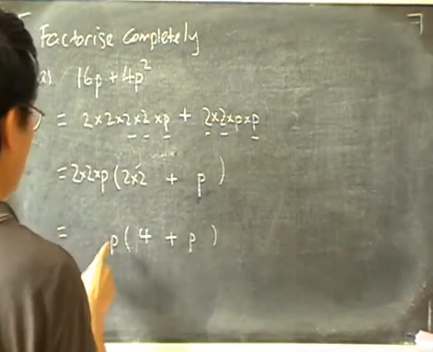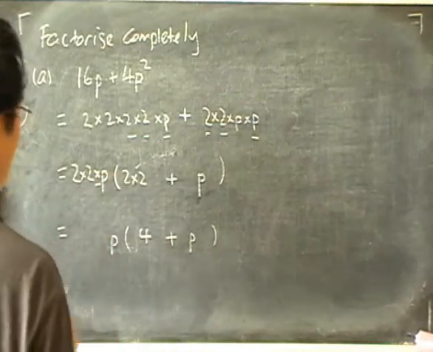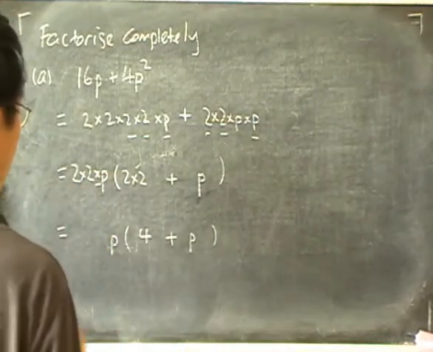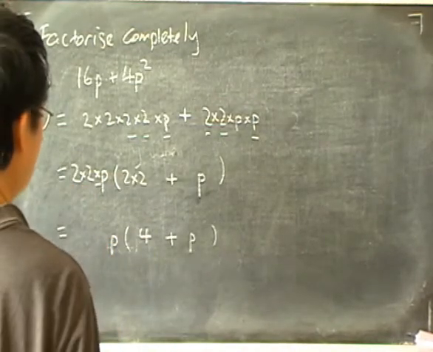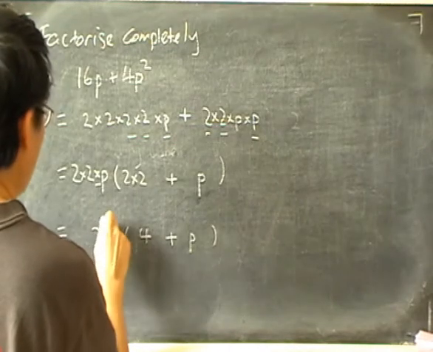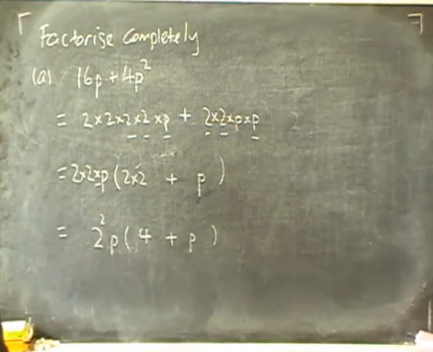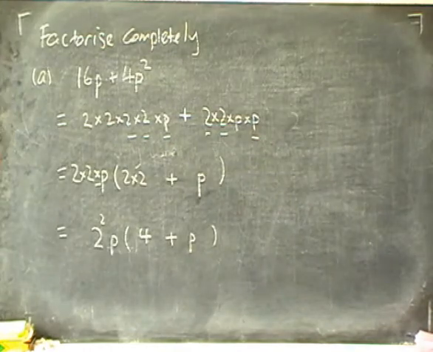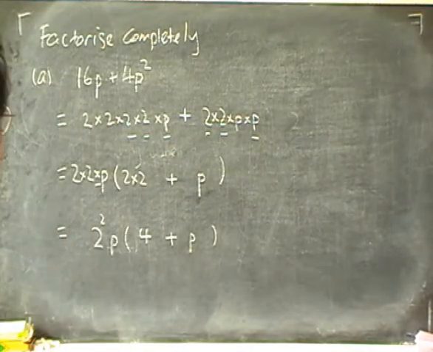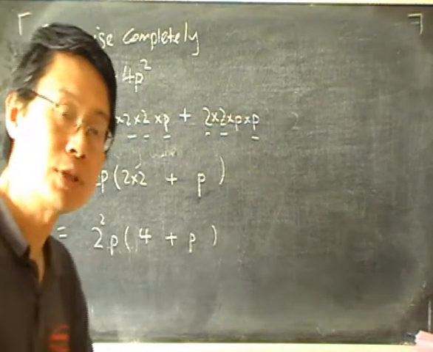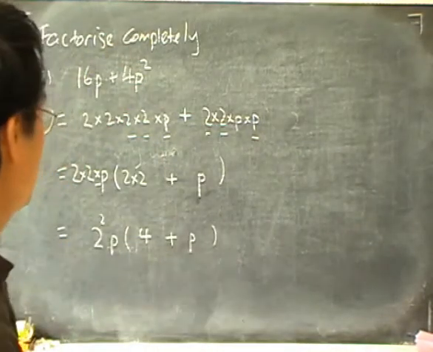So I can just put a p and leave out that times. Now for 2 times 2, I can write it as 2 squared. So that's our answer. We've just factorized this expression completely.